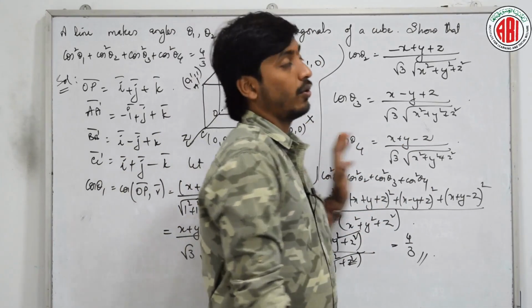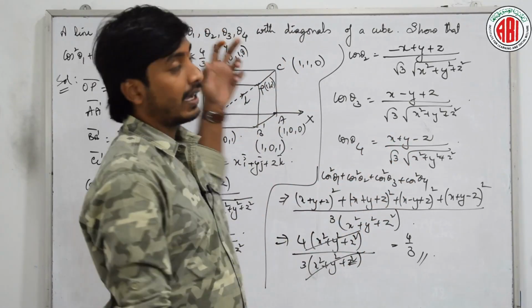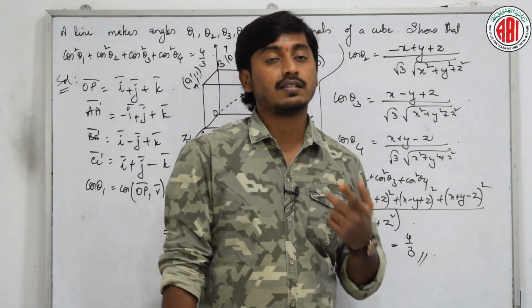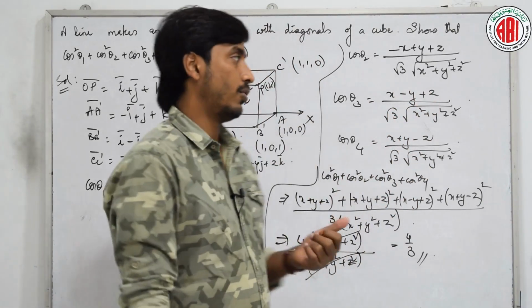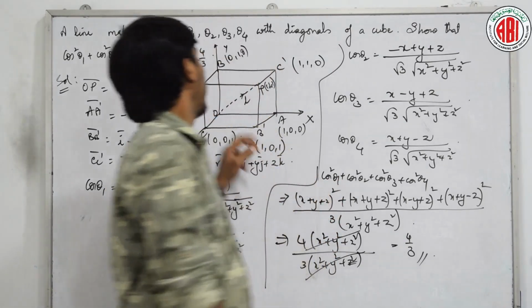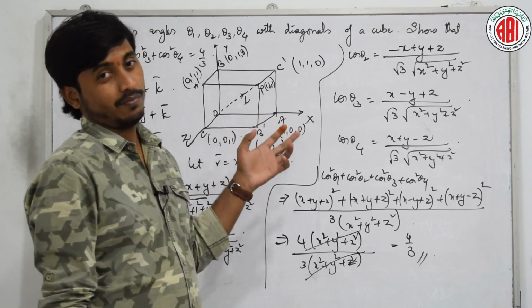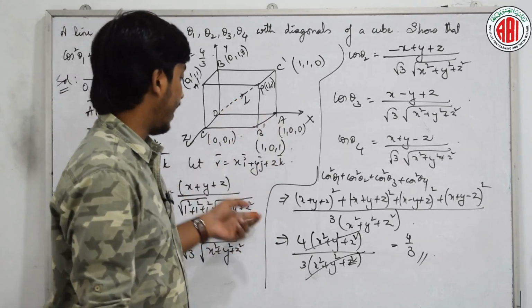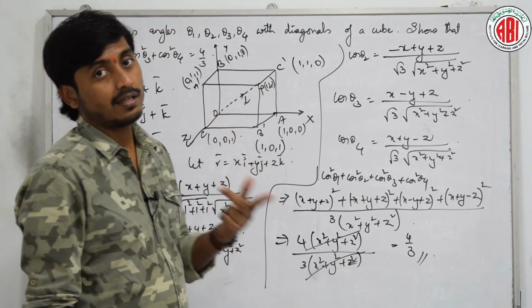Before going to the next thing, you can refer to a question that gives that the angle between the diagonals is cos inverse 1 by root 3. If you observe, you can get that question. The only thing you have to remember is they will give a cube, so all the sides will be the same. Then it tells that the angle between two diagonals is 1 by 3.